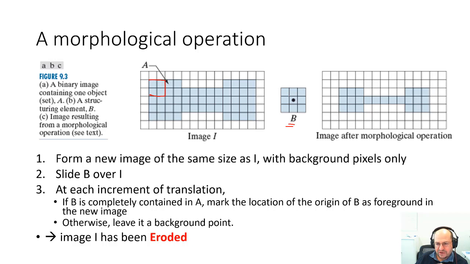Now, in the case that the structuring element is totally contained. Oops, the structuring element has 1, 2, 3, 4, 5, 6, 7. It's a 3 by 3 matrix, so I'm drawing it wrong. Sorry about that.